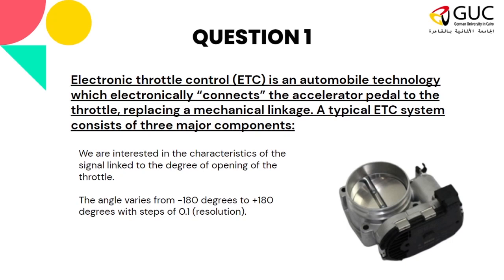So the throttle is literally the linkage between the force that you put on the pedal and the motor, and the amount of air which enters the motor. Maybe I'm not entirely correct, but this is the simplest explanation of what a throttle is.